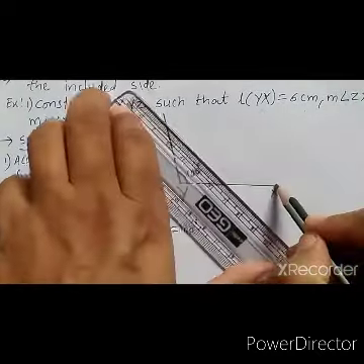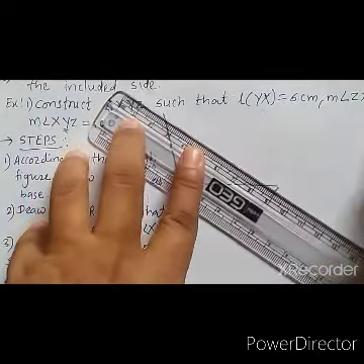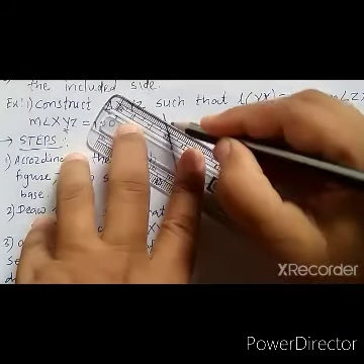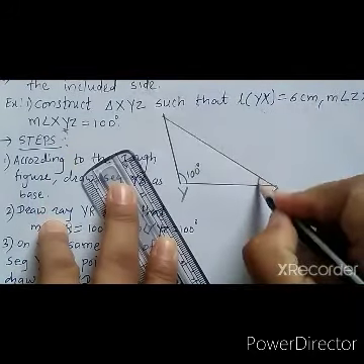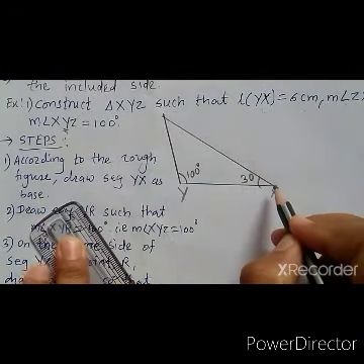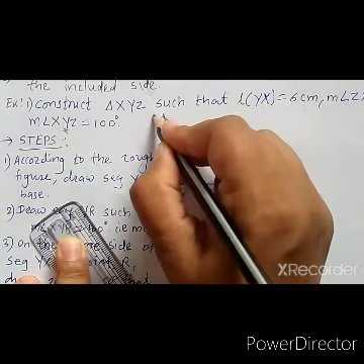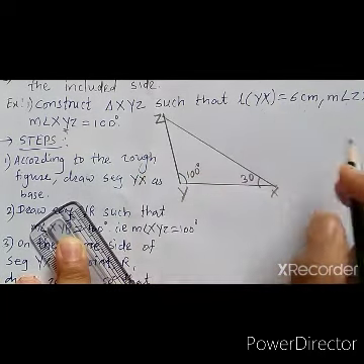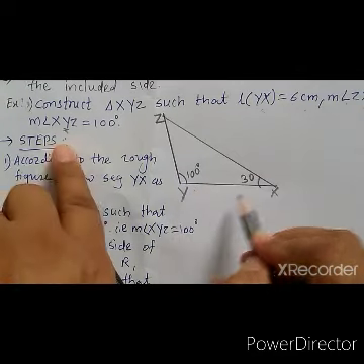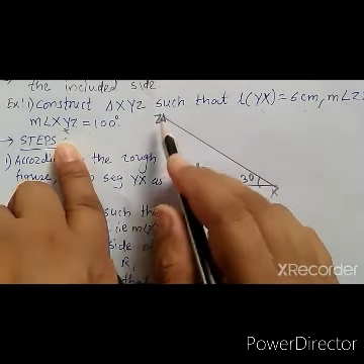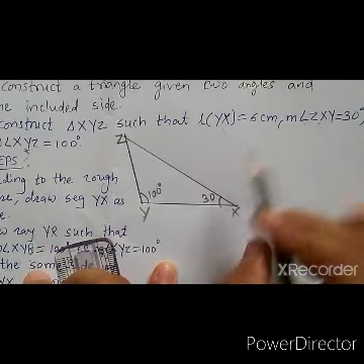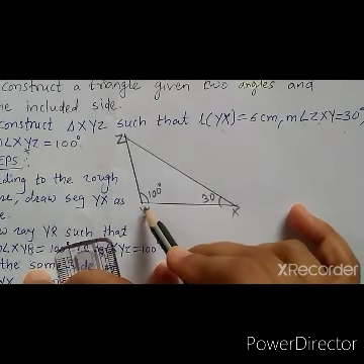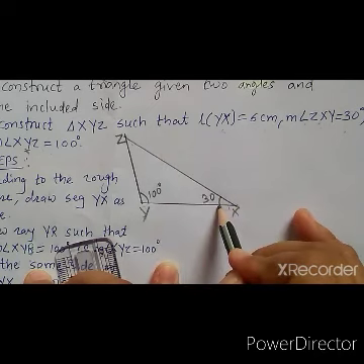And angle X is given. At this point, angle X, we can take 30 degrees. Now triangle XYZ, at this point we can say point Z. So angle XYZ is equal to 100 degrees and angle ZXY or YXZ is equal to 30 degrees. So by using this, we have to draw the required figure.